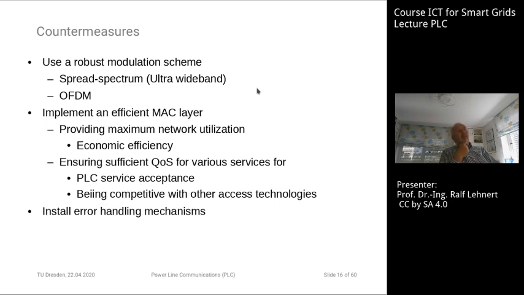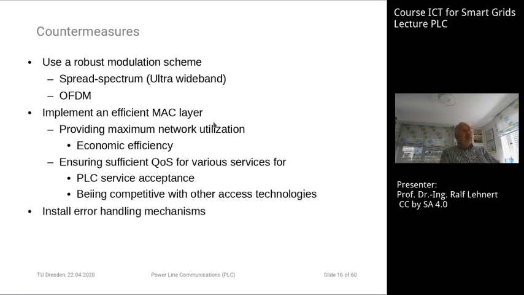One is the so-called spread spectrum technology, which for instance has been used in UMTS, the 3G mobile communications, and most modern systems now are running OFDM, orthogonal frequency division multiplex. These two mechanisms you have learned in the communications lecture, so I don't have time to go into them.